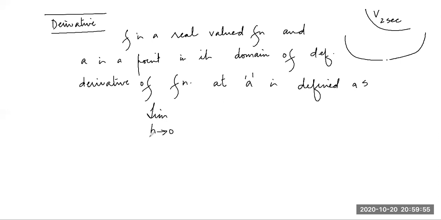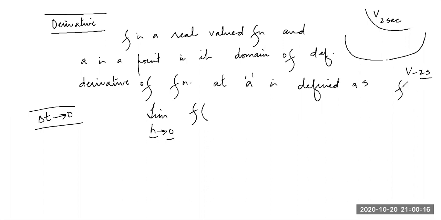What is h? It's related to delta t approaches 0. Just see the analogy. Limit h approaches 0, limit of which function? f of a. In our problem, we wanted to find the velocity at 2 seconds.